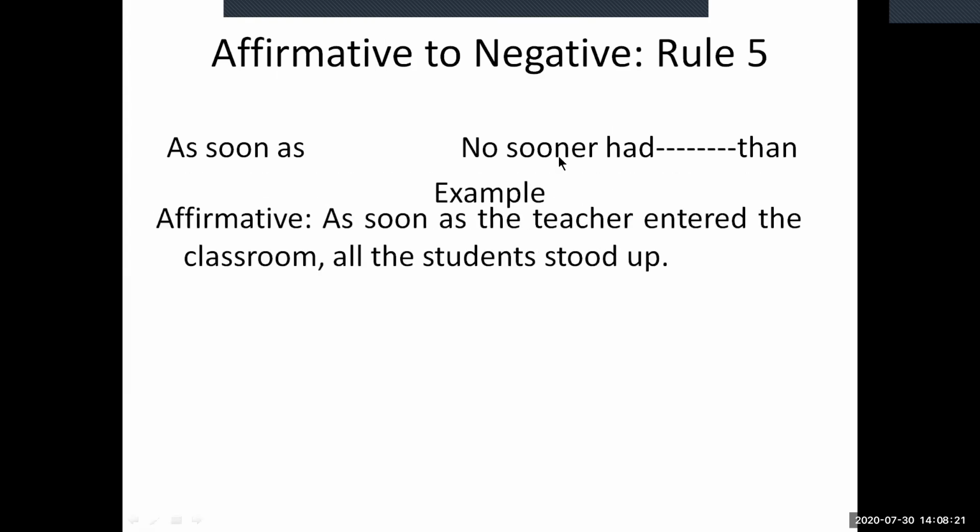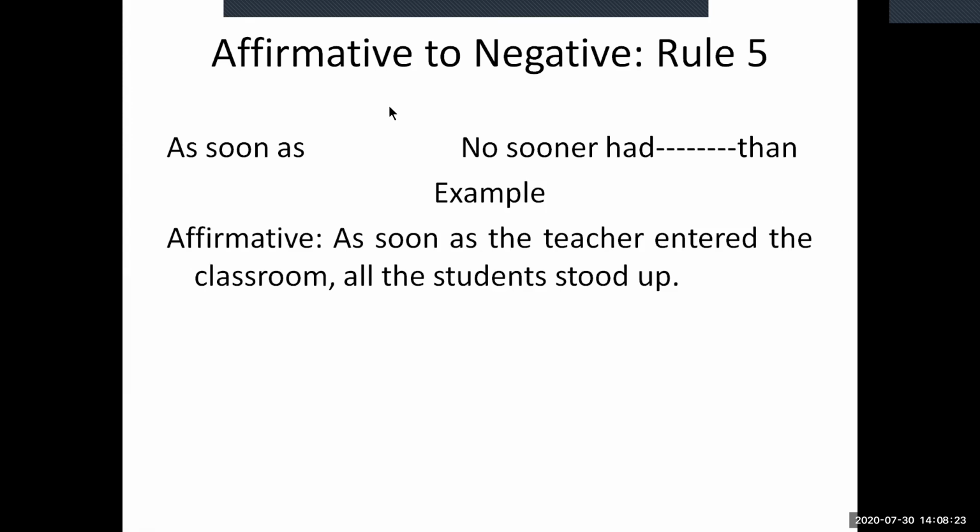Maybe from Right Form of Verbs, you have already studied these two structures. In Right Form of Verbs, you have learned that the connector "as soon as" is commonly used with past indefinite tenses.